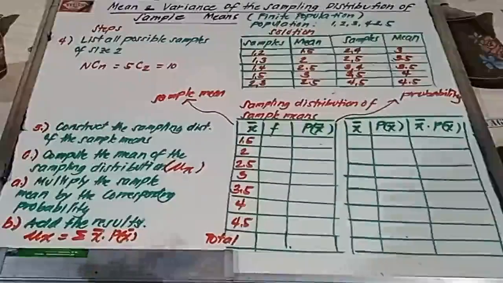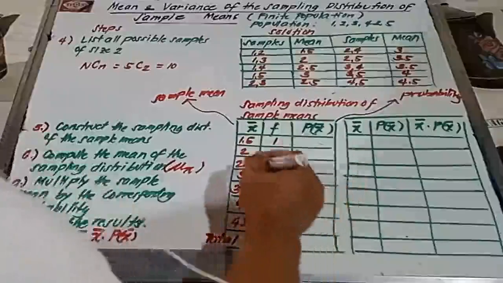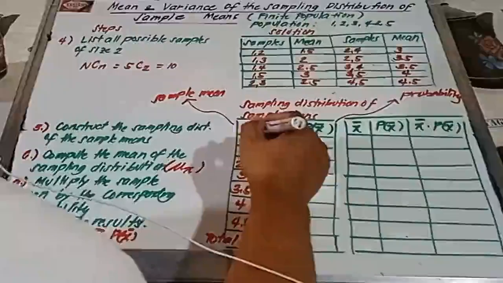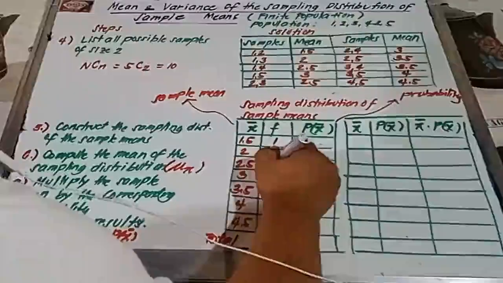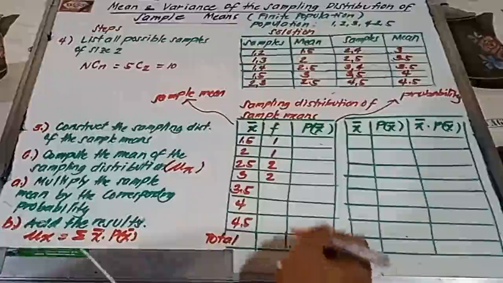Okay. Yung frequency niya, kunin natin. Ilan ang 1.5? Isa. Ilan ang 2? Isa rin. 2.5, dalawa. Ang 3 natin, dalawa rin. 3.5, dalawa.